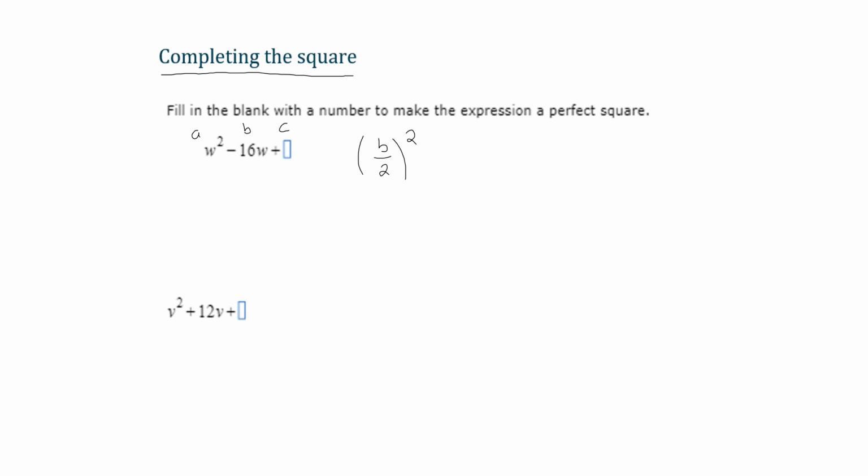So in this problem, I'm going to take negative 16 divided by 2. That's negative 8. And then we're going to square negative 8. Negative 8 times negative 8 is 64. So 64 goes in that box. That is the answer to this first problem.